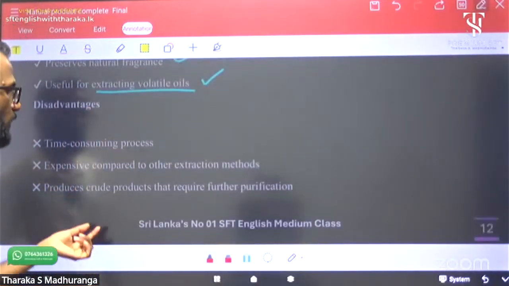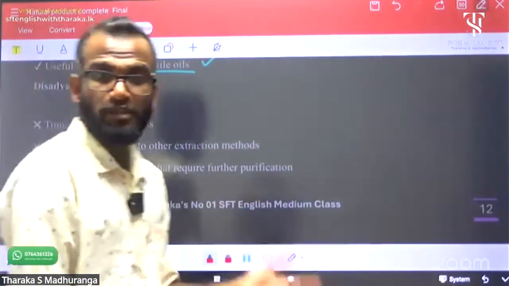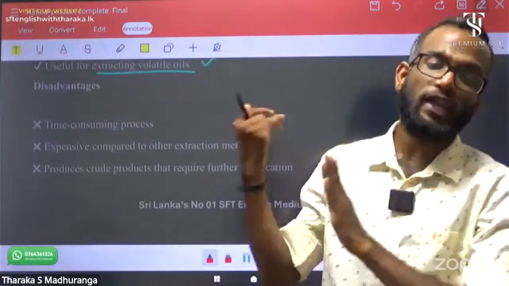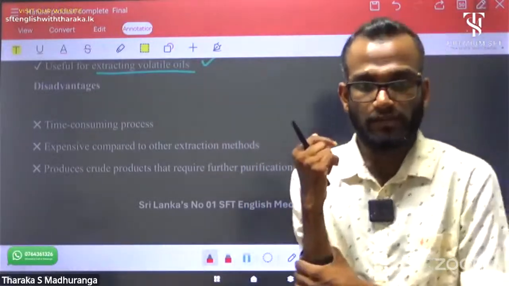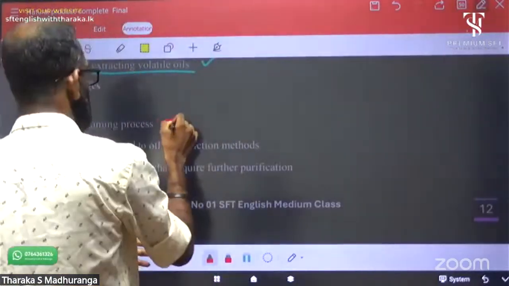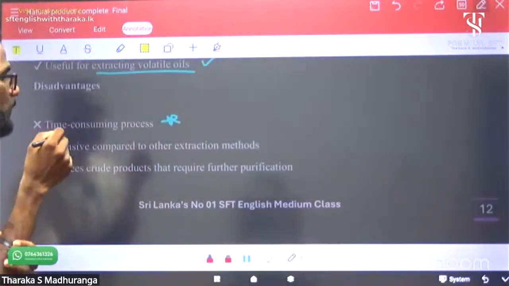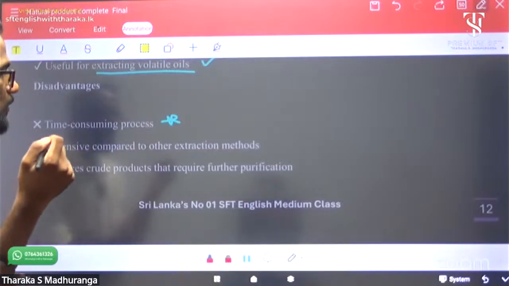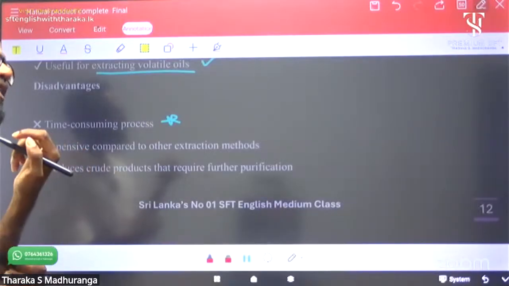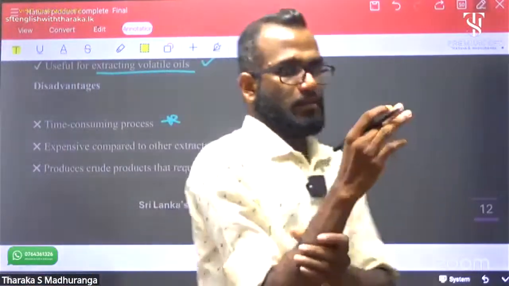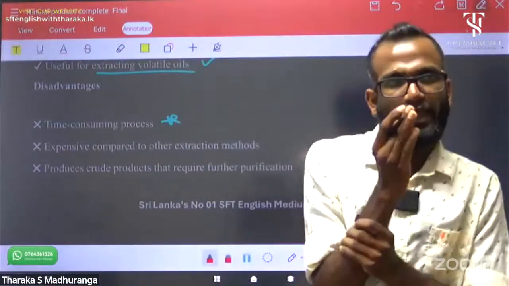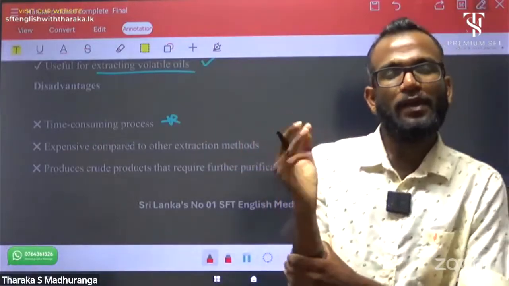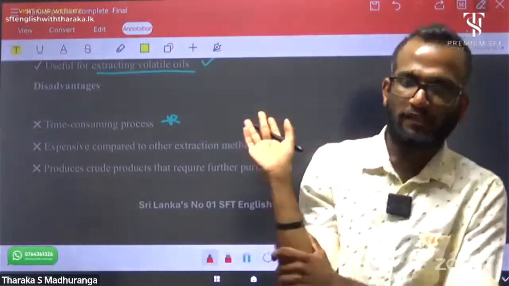Now the disadvantages. It's a time-consuming process, not like solvent extraction. It takes 48 hours. That's the main disadvantage. It is also expensive compared to other extraction methods. Compared to Soxhlet extraction it is actually a cheap method, but compared to simple solvent extraction it is expensive.